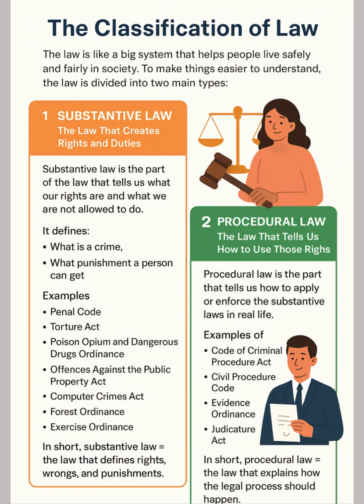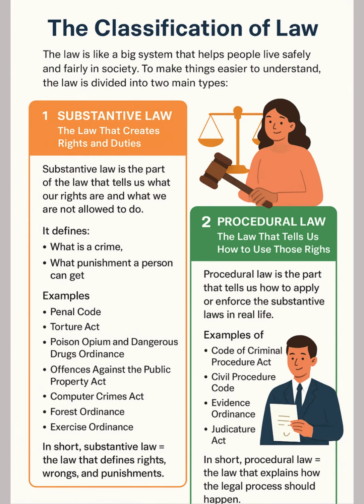The next one, Offences Against the Public Property Act, protects government property. Then the Computer Crimes Act deals with crimes done using computers, and there are other ordinances like the Forest and Excise Ordinance. So, substantive law is the law that defines rights, wrongs, and punishments.